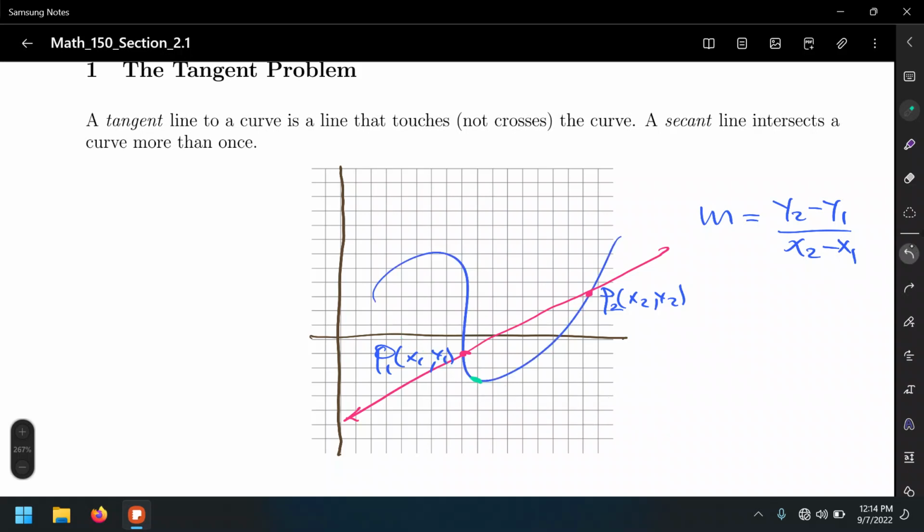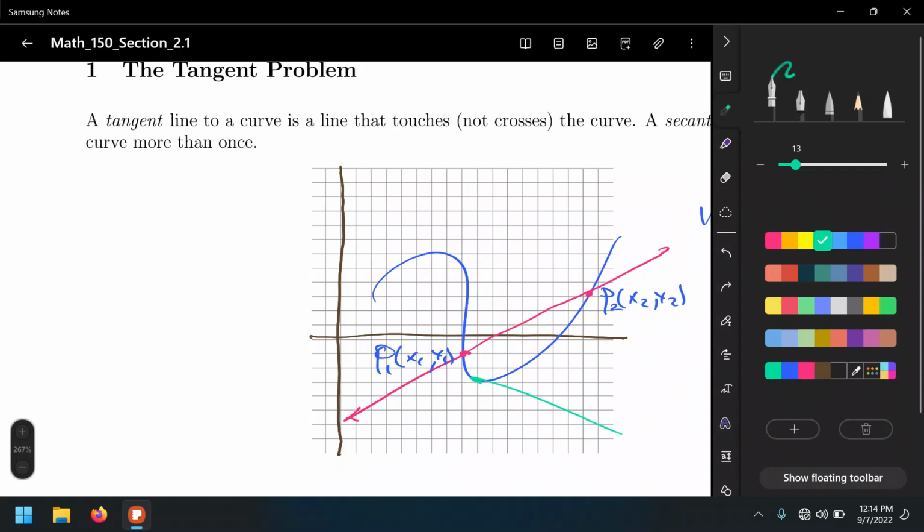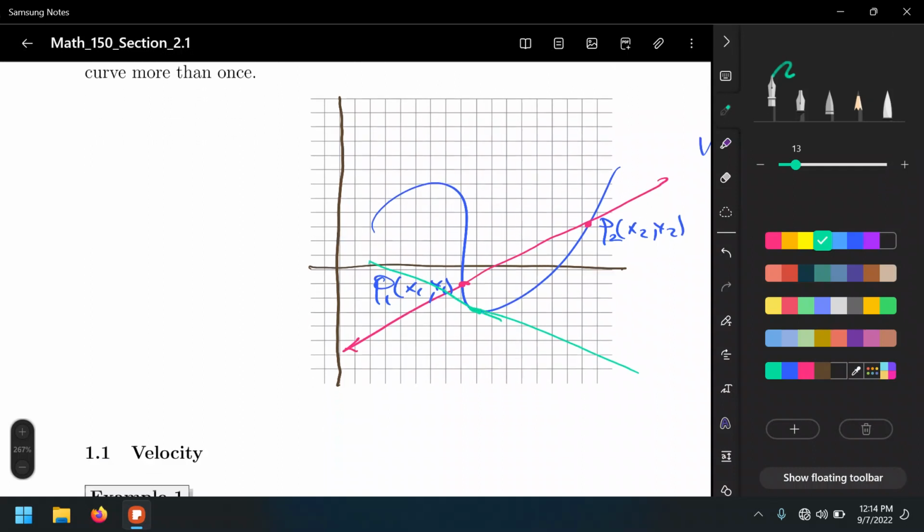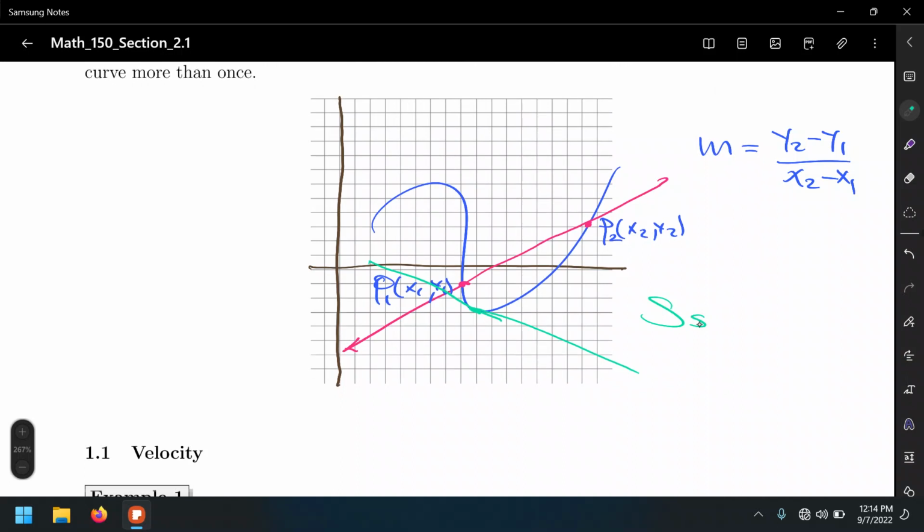The slope of the tangent, m, we don't know. That's what we're going to do today. How do we find the slope of the tangent?